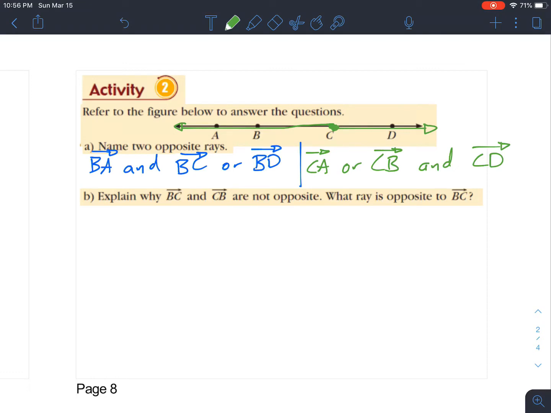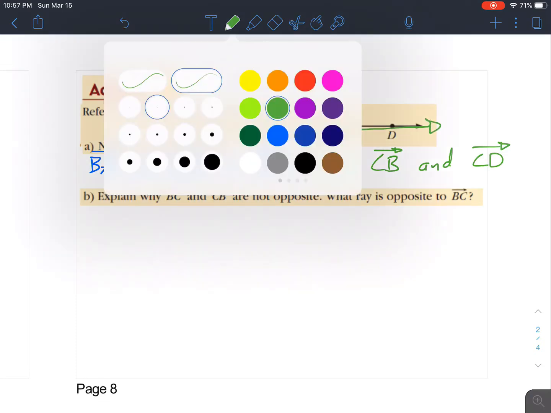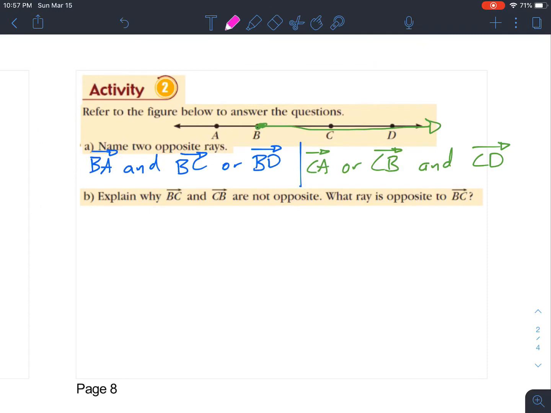Now for part B, we are supposed to explain why BC and CB are not opposite. So for this first part, we should draw where BC is located, and that's going to be point B there, and we're going to the right. For the second part, it's saying CB, which means we're going to start at C, and we're going to go to the left.